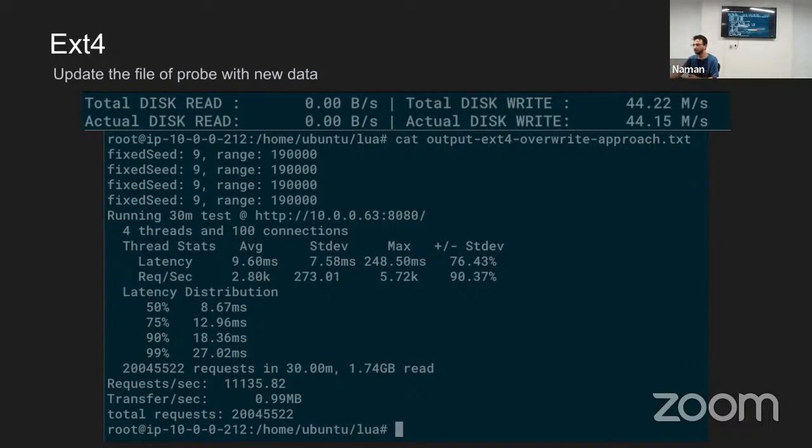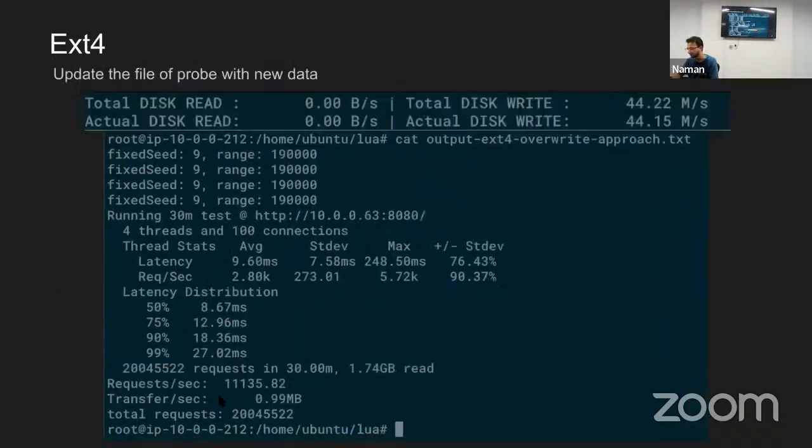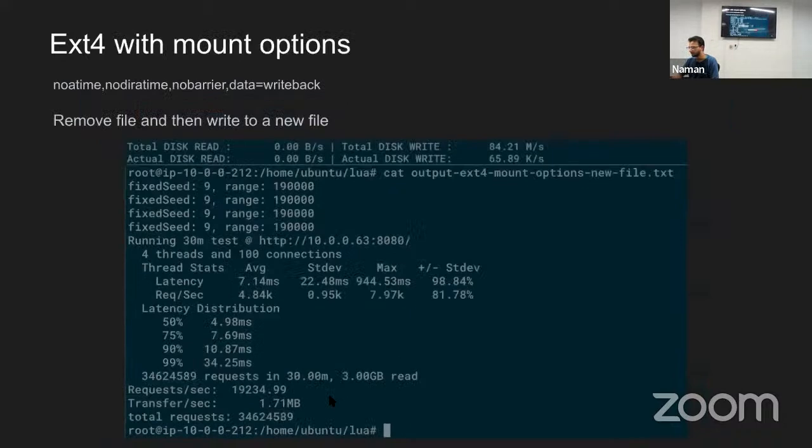How will that turn out? And there were other optimizations as well. We'll talk about it in a minute. And then it went up to 19,235 requests per second, which is a huge delta, right? It almost doubled. So that was a really nice finding.